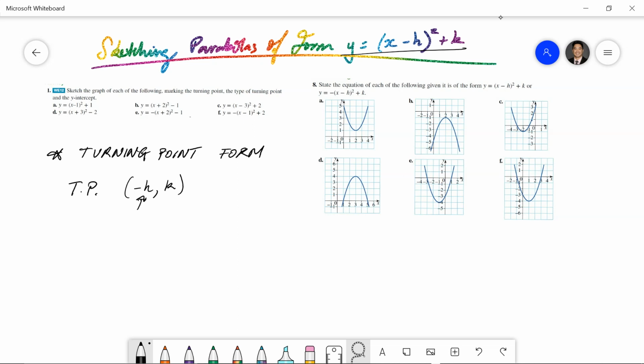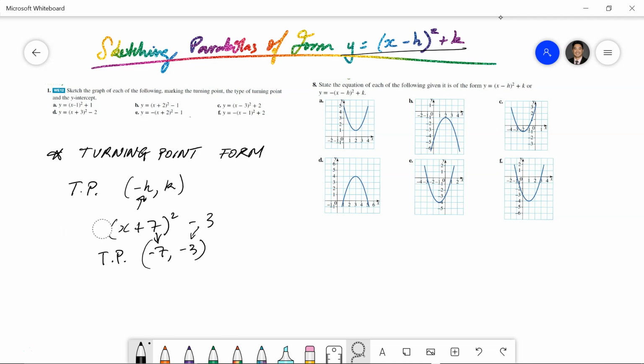Now, the reason why I've put negative h, we've identified that it's always going to be the opposite polarity of whatever h is. So if we had y is equal to x plus 7 all squared minus 3, our turning point is going to be at negative 7, minus 3. So the minus 3 stays the same, but the 7 will be flipped.